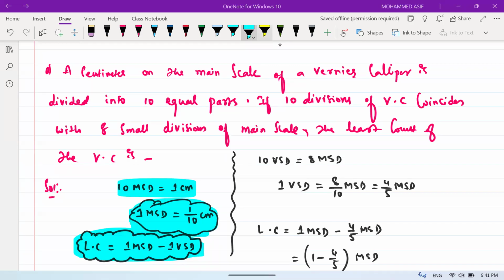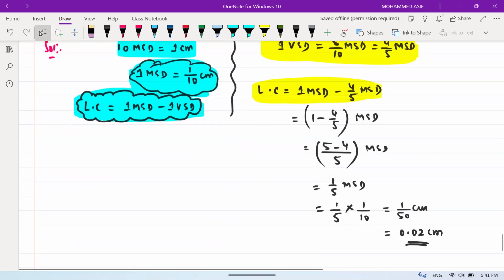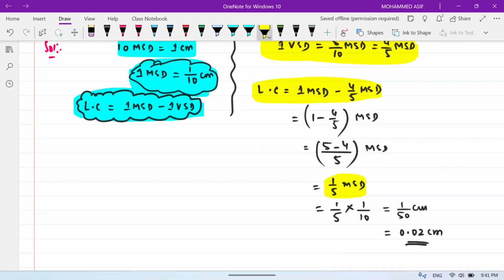Now given in the problem, 10 VSD is equal to 8 MSD. So 1 VSD will be equal to 8 by 10 MSD or 4 by 5 MSD. Substituting in the formula, least count is equal to 1 MSD minus 4 by 5 MSD. Simplifying, we get 1 by 5 MSD. 1 MSD is 1 by 10, so it is 1 by 50 centimeter or 0.02 centimeter. Am I clear, beta? Yes, sir.